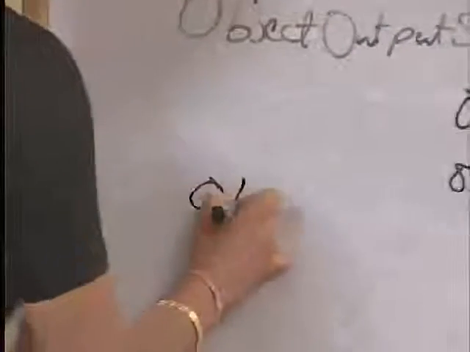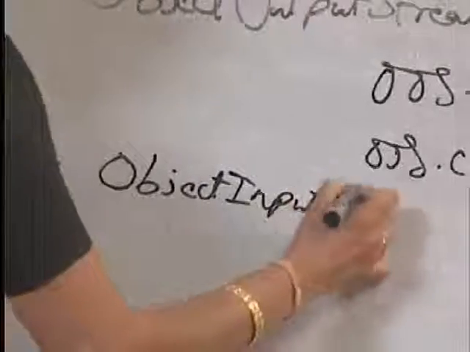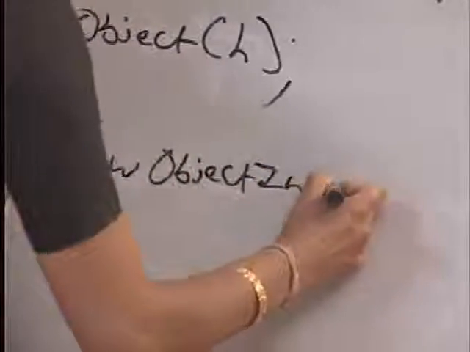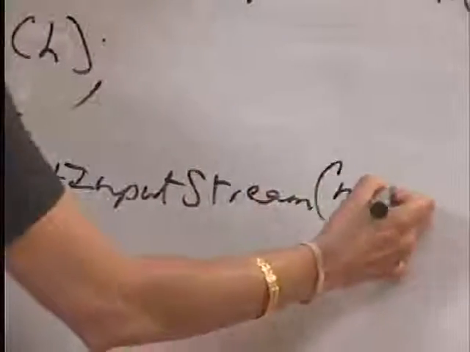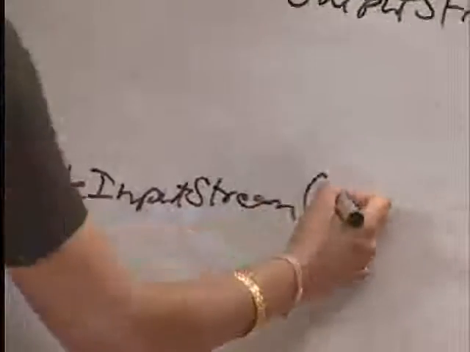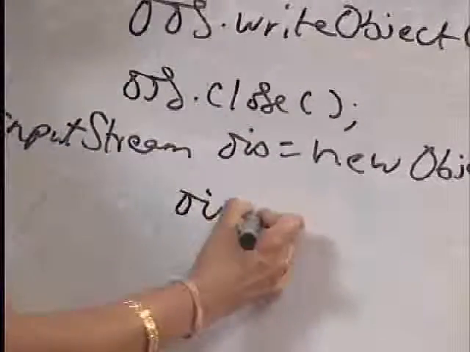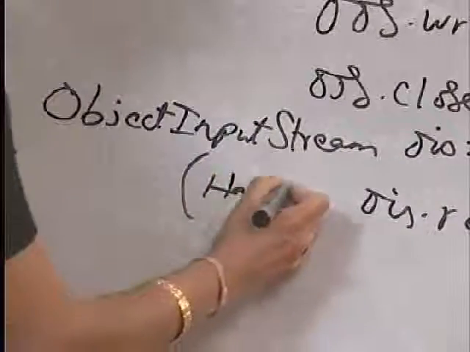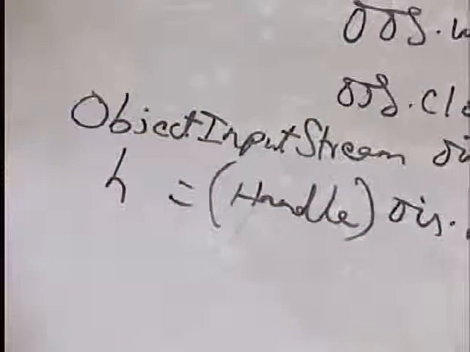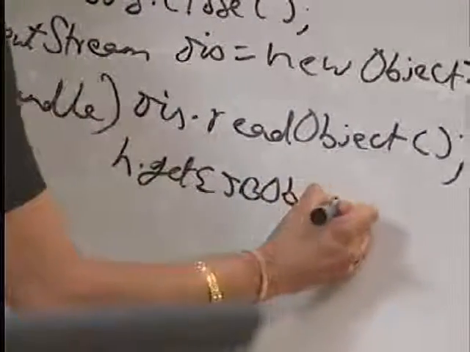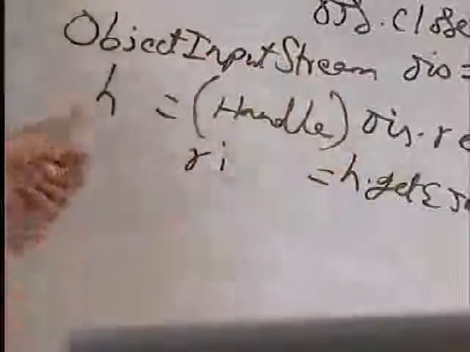what you need to do is create an object input stream passing the file name, call the readObject method, downcast it to a Handle type, and now using the handle object you invoke the method getEJBObject, and store it into a remote interface reference.